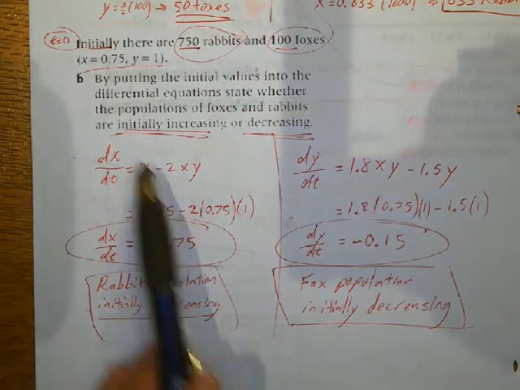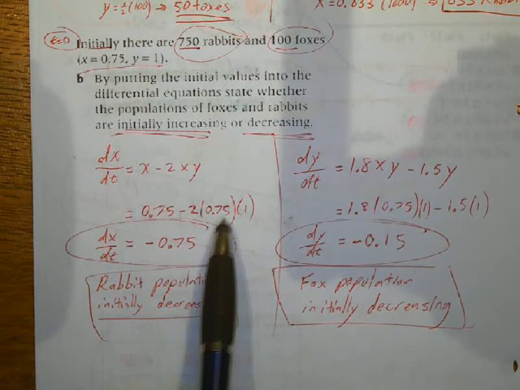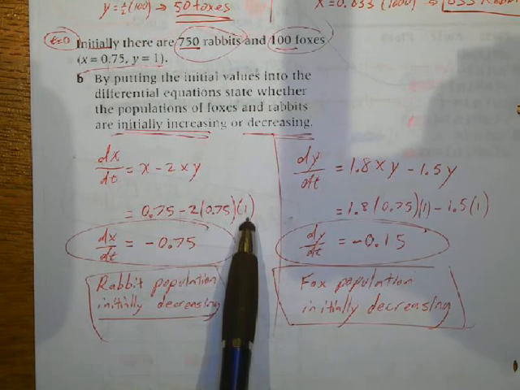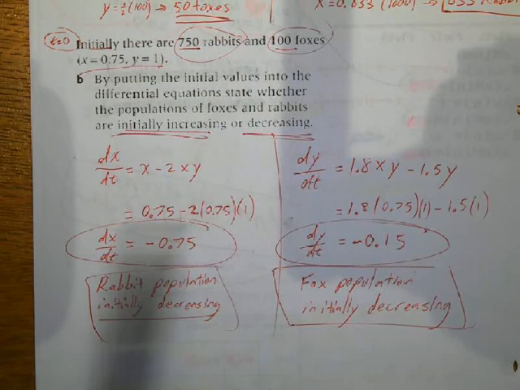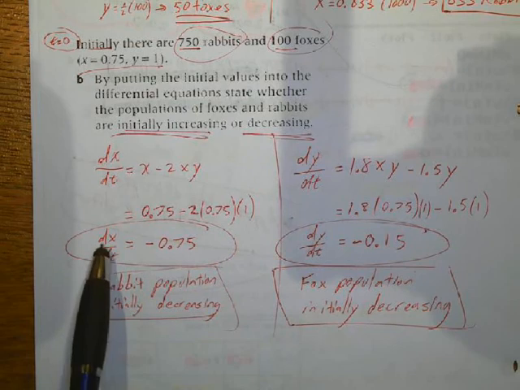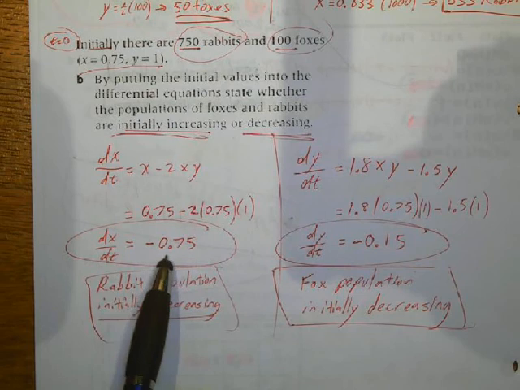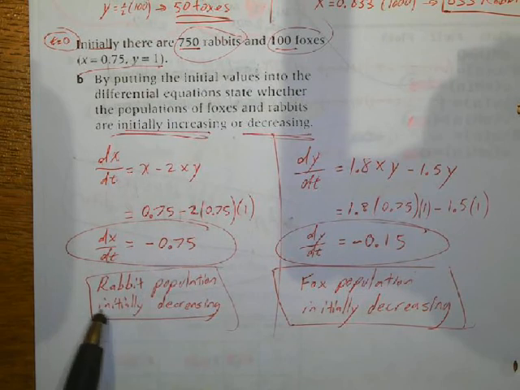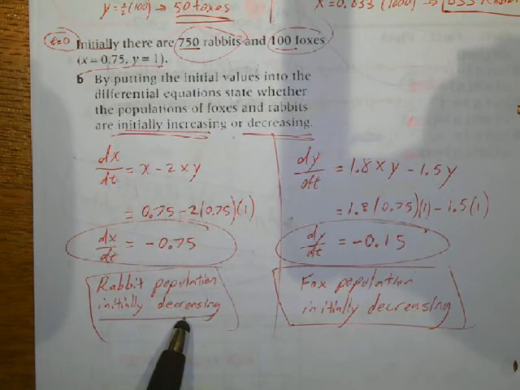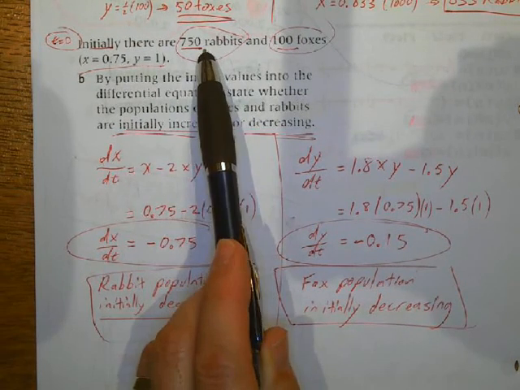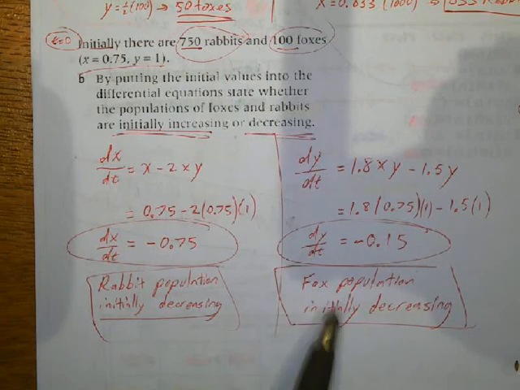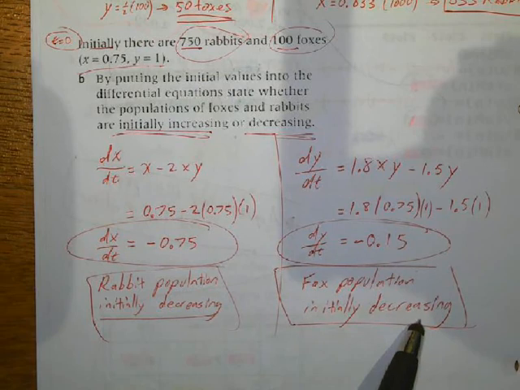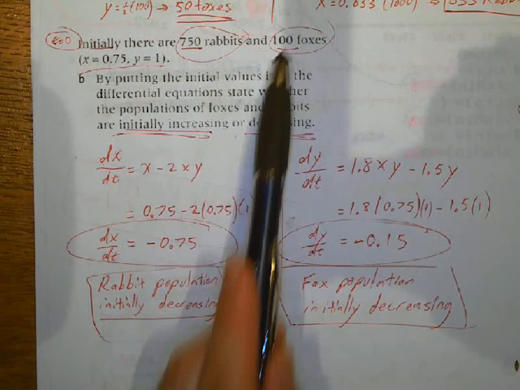We're essentially putting in 0.75 in place of x and plugging in 1 in place of y. And then we get negative 0.75 for dx/dt, which is the population change of rabbits at this time. So the rabbit population is going to be declining when the rabbits have this many and the foxes have this many. And here, the fox population is going to be decreasing also when these populations are that way.